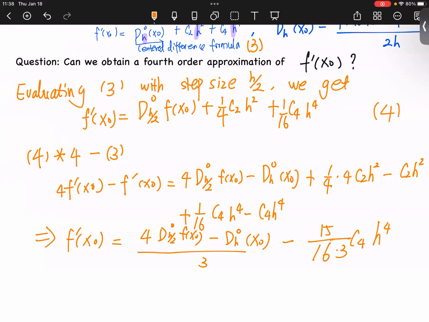And this is the error term for the approximation here. This error term is of order 4.